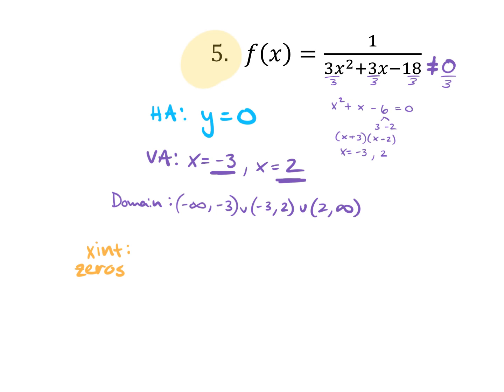What does our cheat sheet say to do? Set the numerator equal to 0. So when it says find the zeros or find the x-intercepts, set the numerator equal to 0. Can 1 equal 0? No. So what do you think our x-intercept is? None. We don't have one. We have nothing to solve here. 1 cannot equal 0, so there is none.